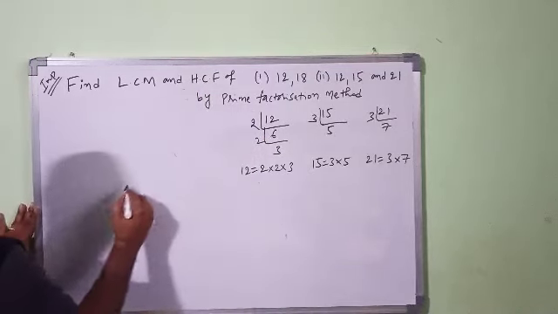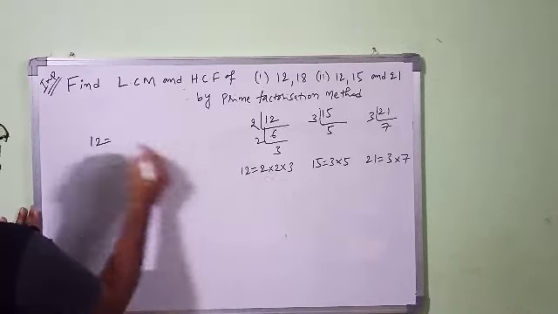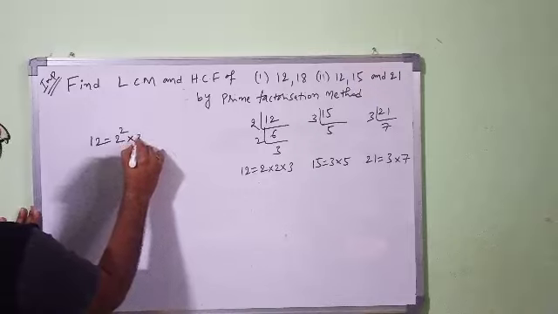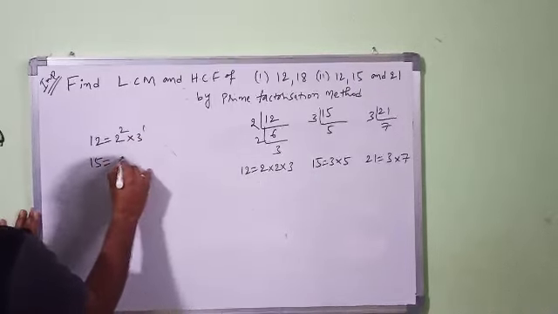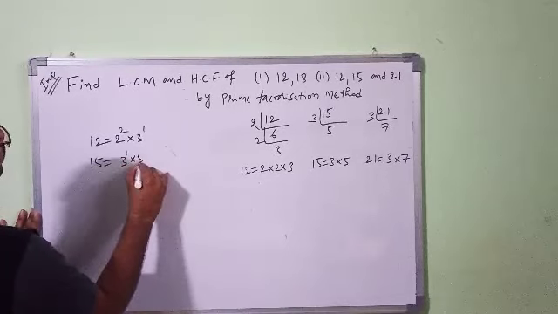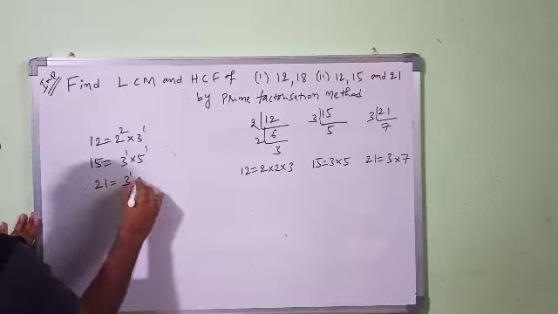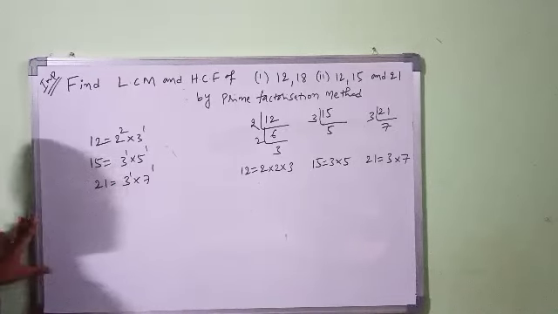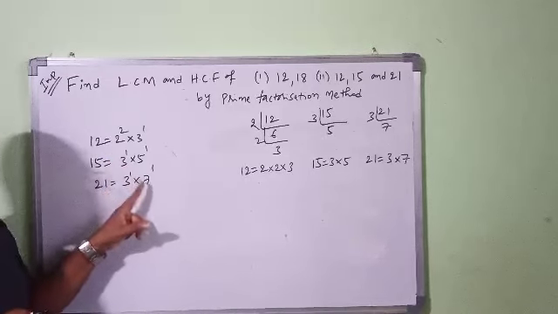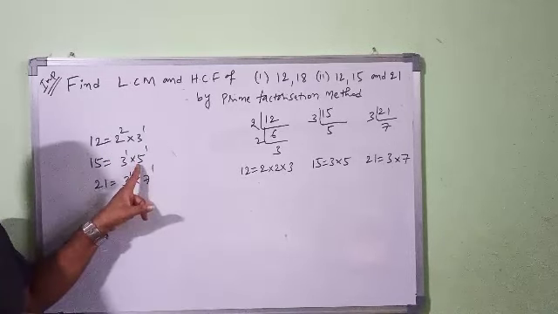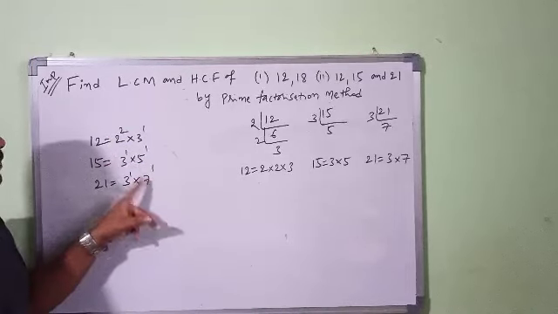Listen carefully. 12 is equal to 2 square into 3 power 1. 15 is equal to 3 power 1 into 5 power 1. And 21 is equal to 3 power 1 into 7 power 1. When you observe these three, 2 is there in 12, but 2 is not in 15 and not in 21. 5 is only in 15, not in the others. And 7 is the same thing.